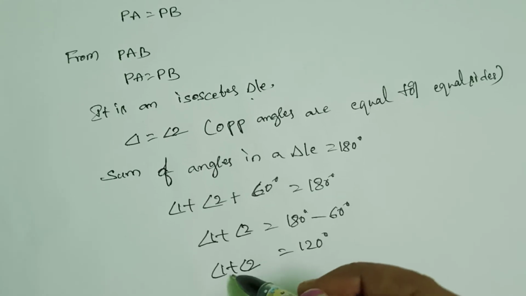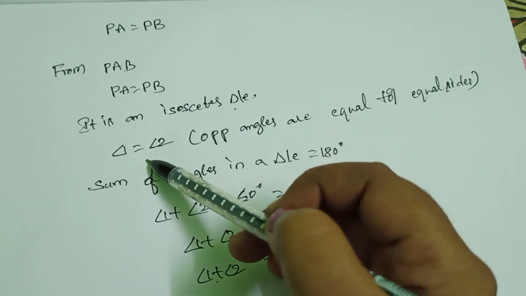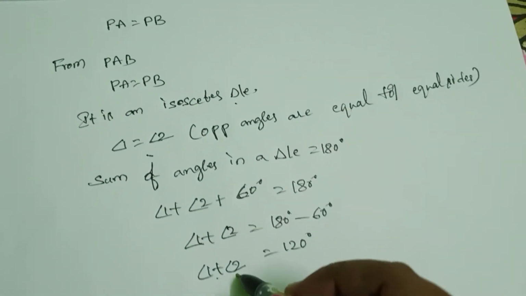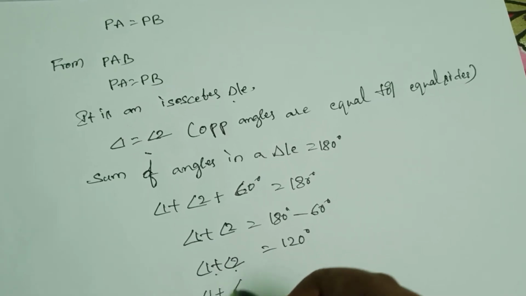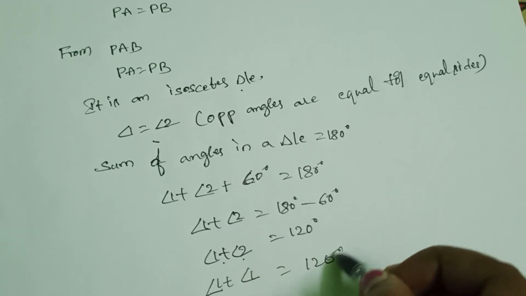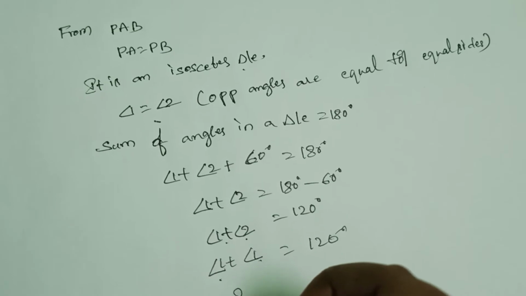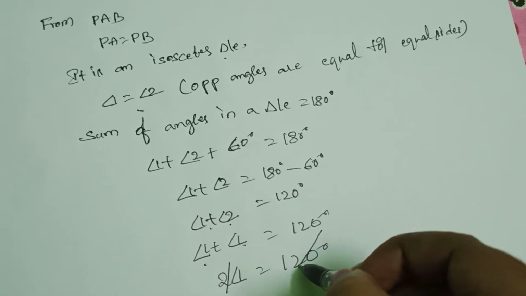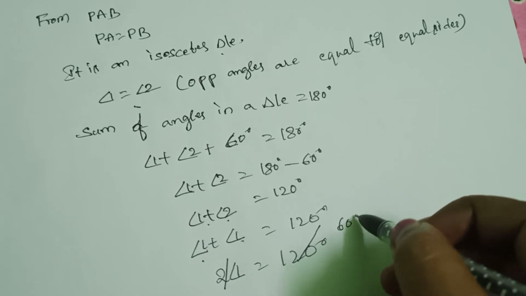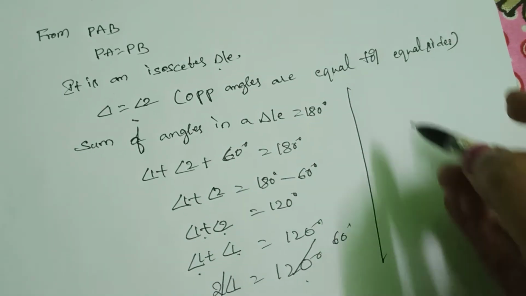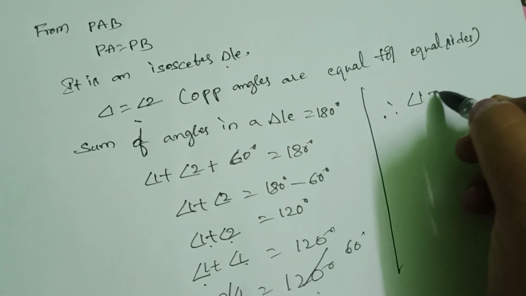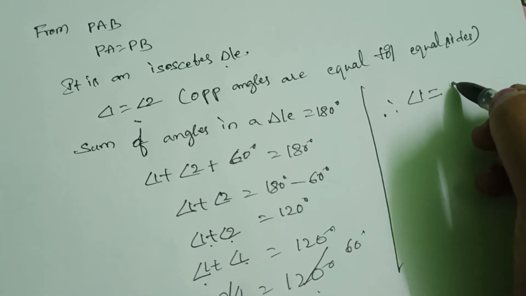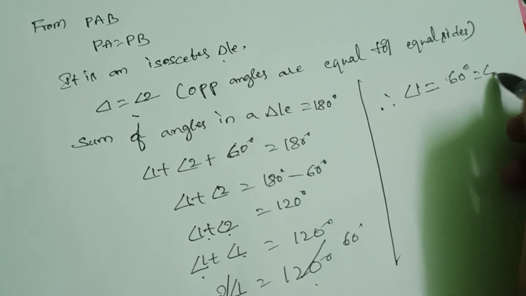Here angle 1 equals angle 2, so in place of angle 2 we can write angle 1. Angle 1 plus angle 1, 2 times angle 1 equals 120 degrees. 60 times 2 gives 120. Therefore angle 1 equals 60 degrees, which is equal to angle 2.